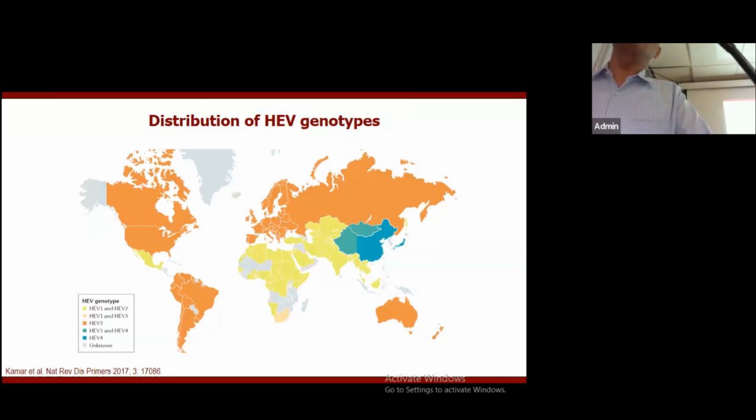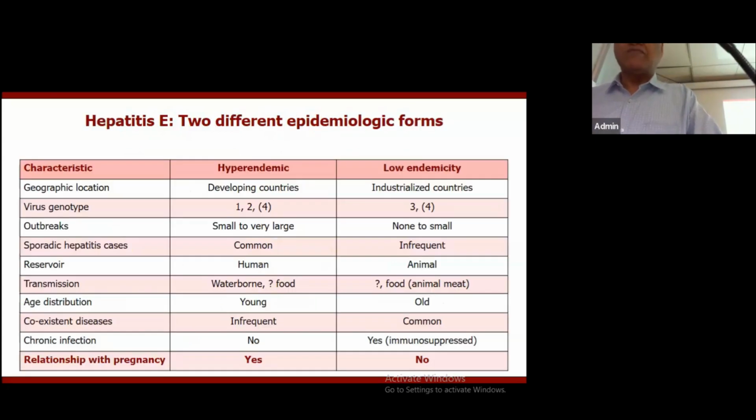Those viruses affect only humans, whereas in the parts that you see in brownish color, that is genotype 3, and that blue on the side is genotype 4. Genotype 3 and 4 viruses mainly are circulating all the time in animals and occasionally cause human infection. So they are different viruses.